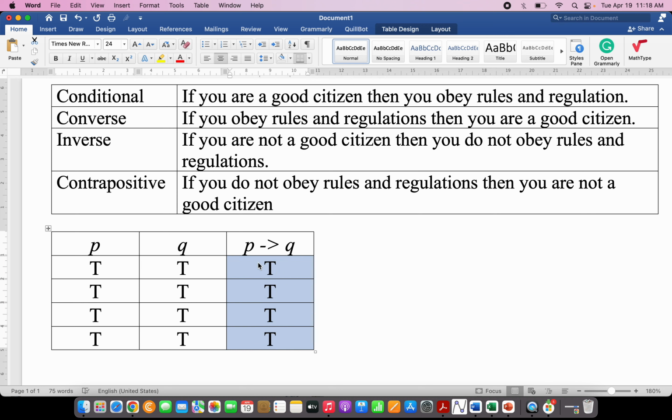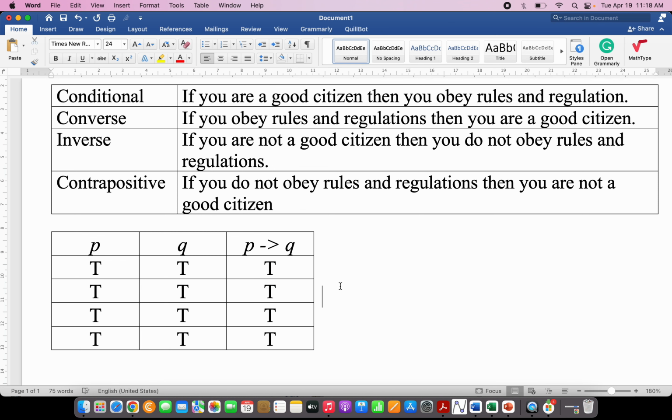Kapag pareho ang truth value ng lahat ng implications niya, tinatawag natin to na tautology. Kapag pareho. Meaning, in all cases, kapag binabaliktad-baliktarin yung statement ng isang tao at ang truth value ng statement niya ay lahat true. Therefore, tinatawag natin yun na tautology.